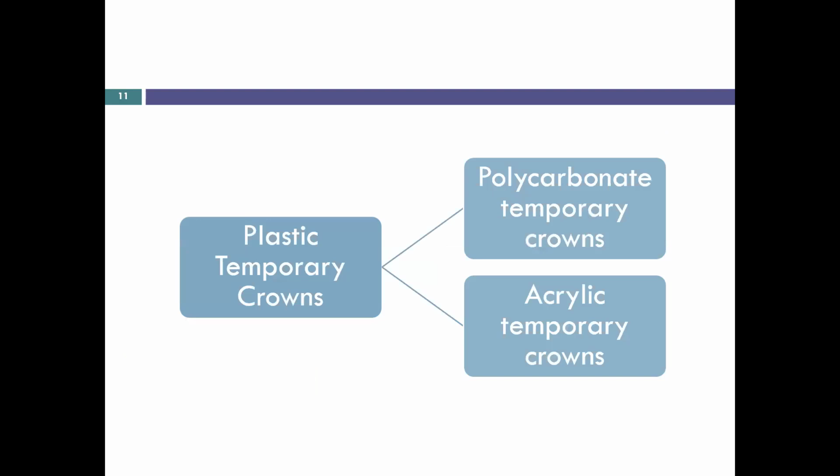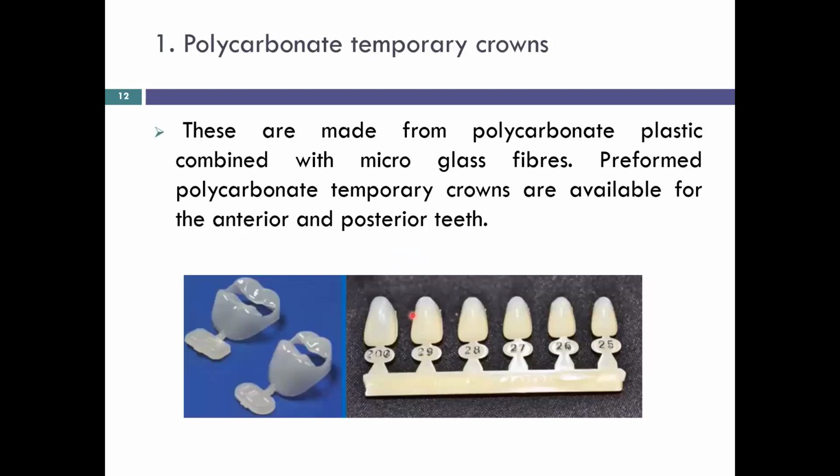Now, plastic temporary crowns. Plastic temporary crowns can be polycarbonate or acrylic temporary crowns. Polycarbonate temporary crowns are made from polycarbonate plastic combined with microfilled glass fibers. Preformed polycarbonate temporary crowns are available for anterior as well as posterior teeth.